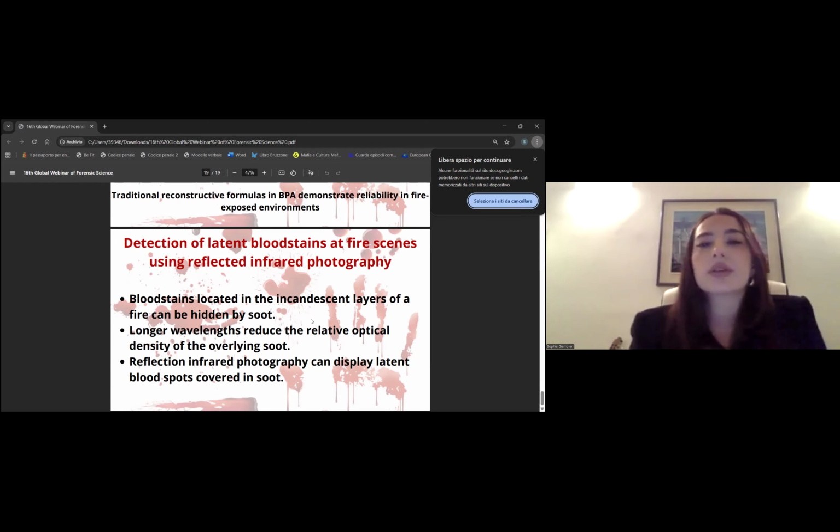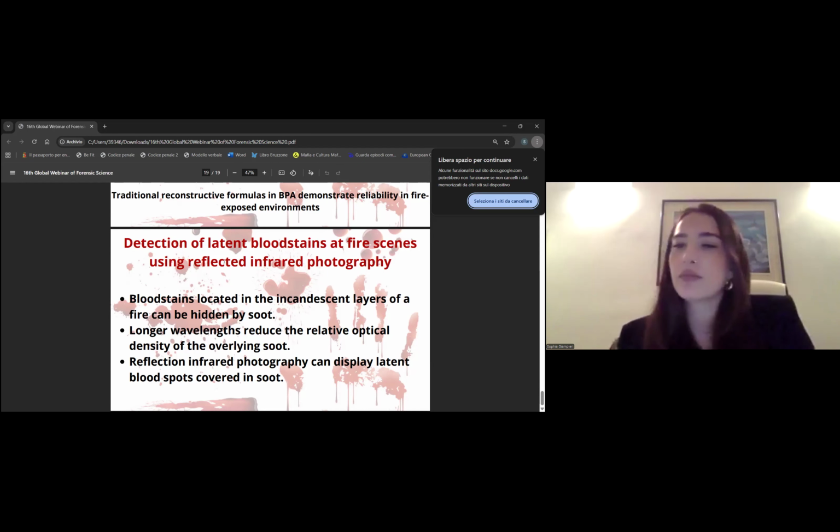Another parameter is infrared transmission and penetration of the soot layer. Also, infrared reflection of the painted background and digital camera sensitivity. So it's a very important technique and a very new technique.